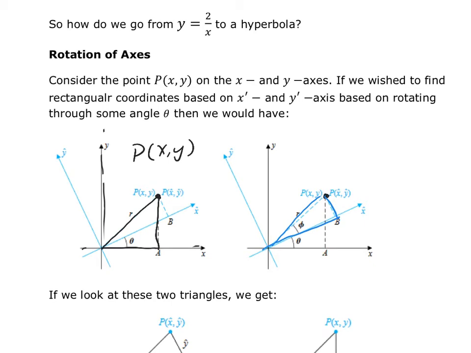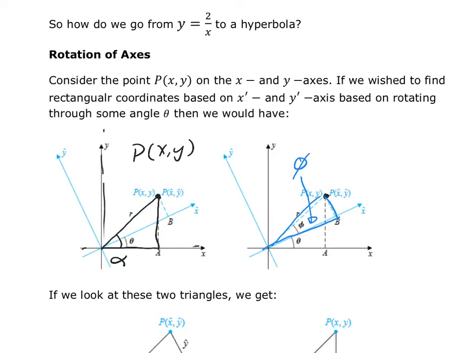So if we have this original angle here, we'll call this alpha. Then over on the new axis, that angle that is formed between the rotated axes and that R value is no longer alpha, that is phi.